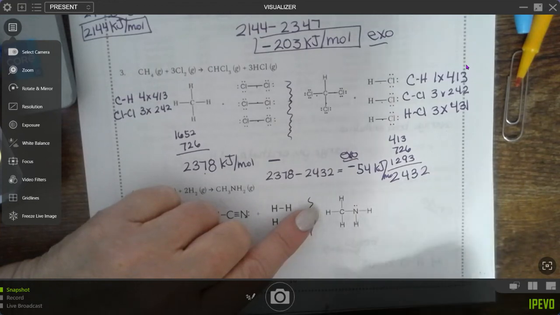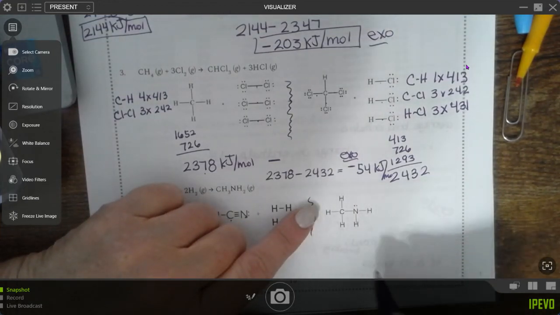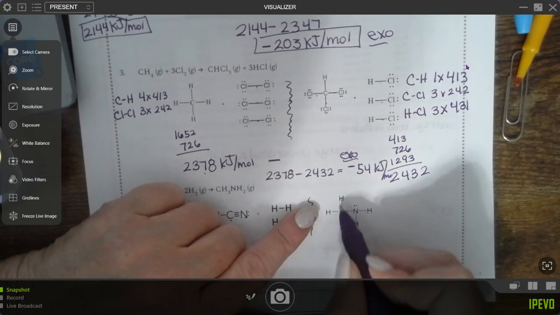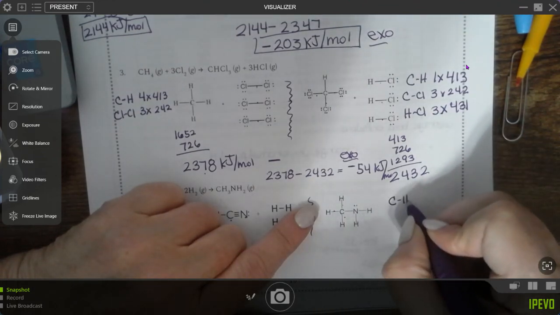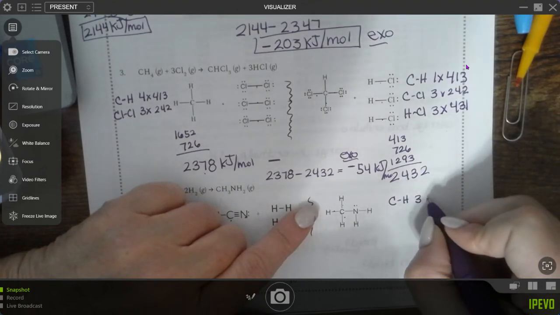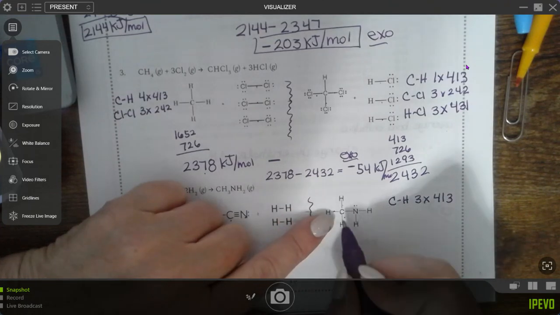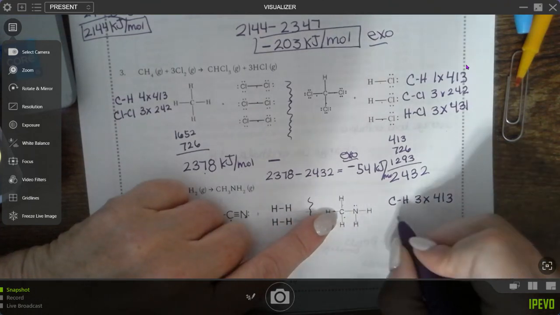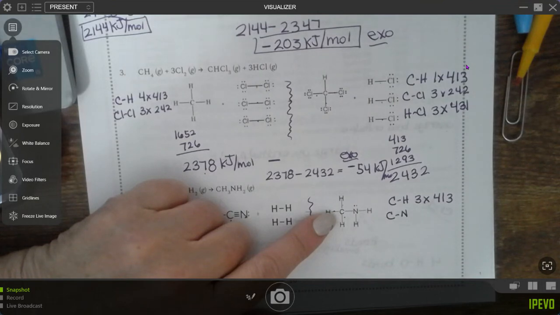Now we've got to look over here to see what bonds are being formed. I see that I have carbon-hydrogen, 1, 2, 3 carbon-hydrogen bonds. So 3 times 413. Then I have a carbon-nitrogen single bond. What is the value of that?